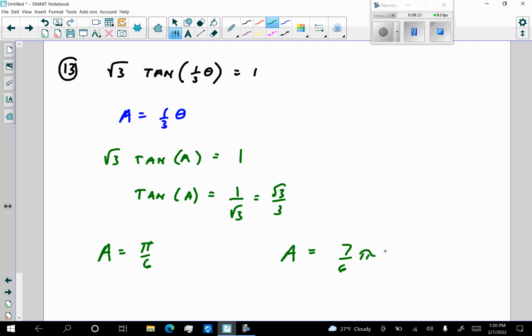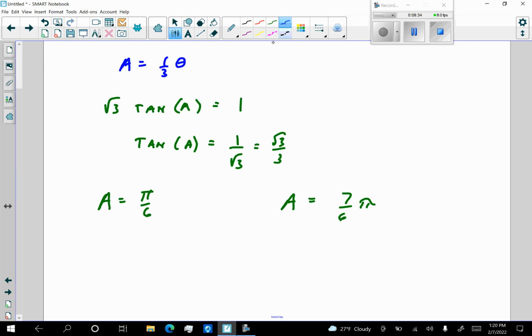The tangent of both of those angles will be positive square root of 3 over 3. And now what are we going to do? We're going to back substitute. We know that A is 1/3 theta. So 1/3 theta is equal to pi over 6.